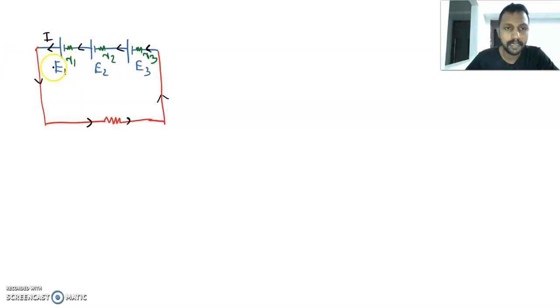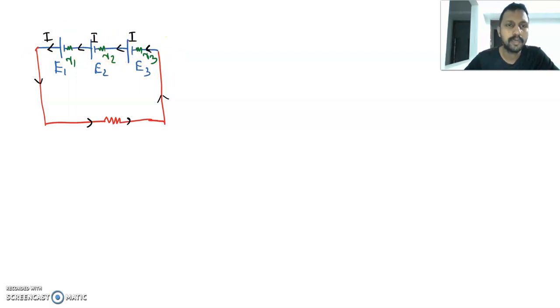Therefore, the current passing through the first cell is I, through the second cell it is also I, and through the third cell is also I. Therefore, I could conclude that in series combination of cells, the current passing through the cells will be the same.